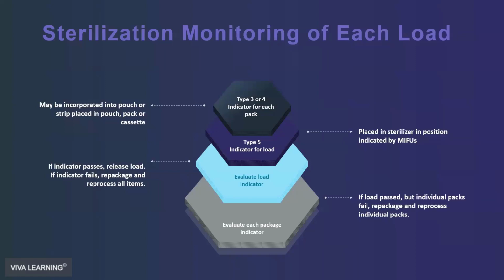So I've run my spore test and it failed. I need to go back and see in that time period, that week between spore tests, what packages of instruments have not been used yet. And the way I know is that I put a date on them, and ideally you should also put the sterilizer that you used, and you number your sterilizers.